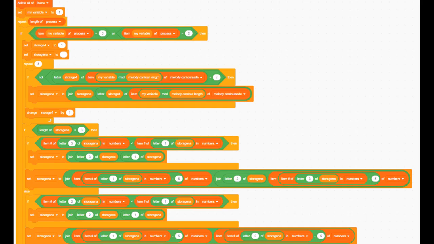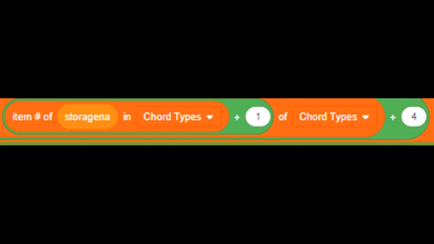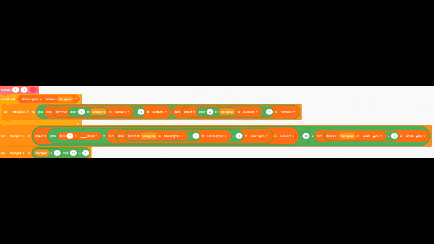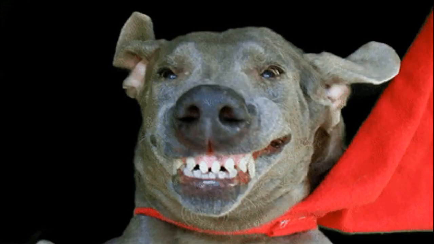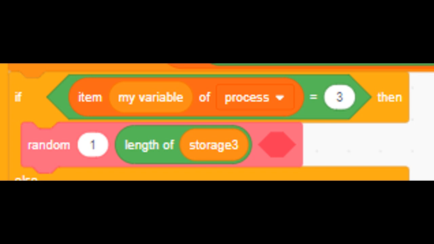After, it would generate the melody pitches. It did this by taking the current chord of the melody contour, then determining the key it is using, picking a certain arpeggio note of the key based on the melody pattern, and adding it to a random note that goes along with the note. If the note was stressed, then it would use a wider range of the random notes.